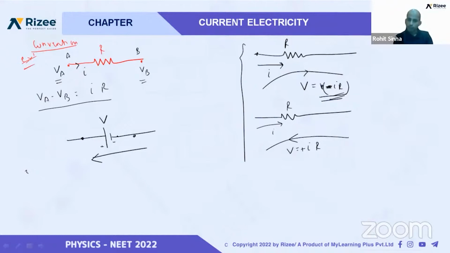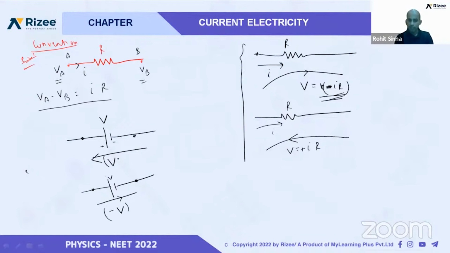So when we move from low potential to high potential, we will take it as positive V. And if we are moving in the other direction, from high potential to low potential, then we will take it as minus V.